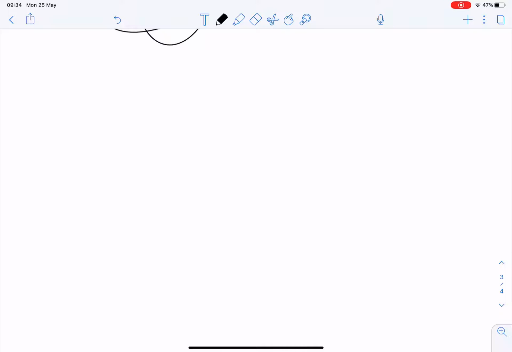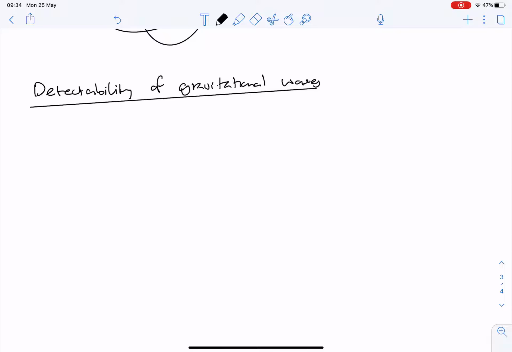And the next thing we want to look at is what the actual detectability of gravitational waves might be. So let's just imagine the following setup.